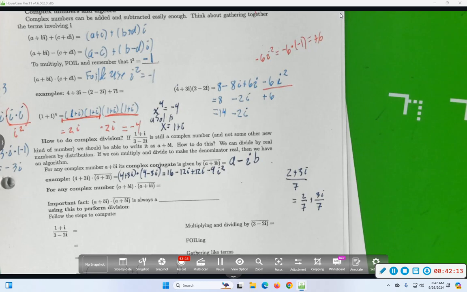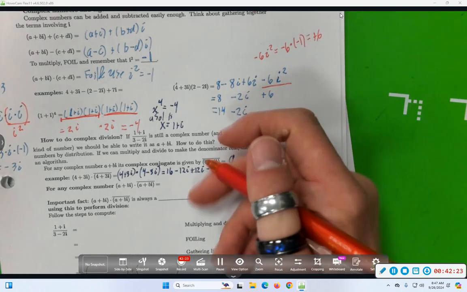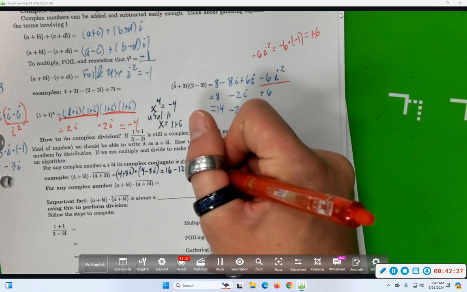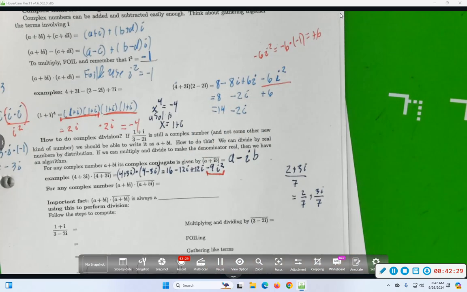So that got more complicated before it simplifies, but what simplification do you see that you can take advantage of now? Negative 9i squared. What is this the same as? Plus 9, because i squared is negative 1 and that will cancel with that negative sign.